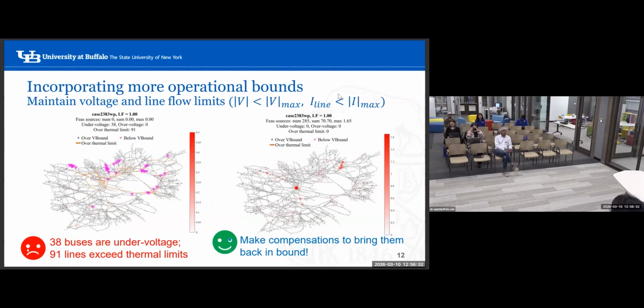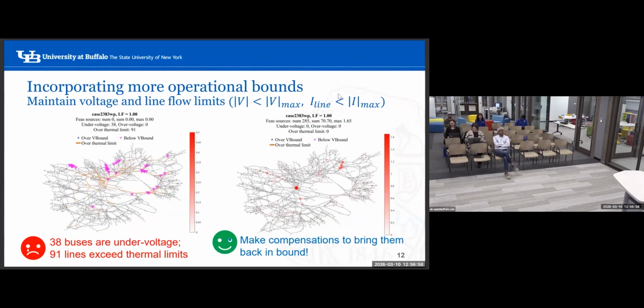So then let's move one further step. Could we incorporate more bounds? For example, the voltage bound and the line flow limits. Line flow limits here means the maximum amount of power that can be delivered in a transmission line has a maximum bound. And here's also a comparison example where on this large system, if we do nothing, there are some nodes having under voltages.